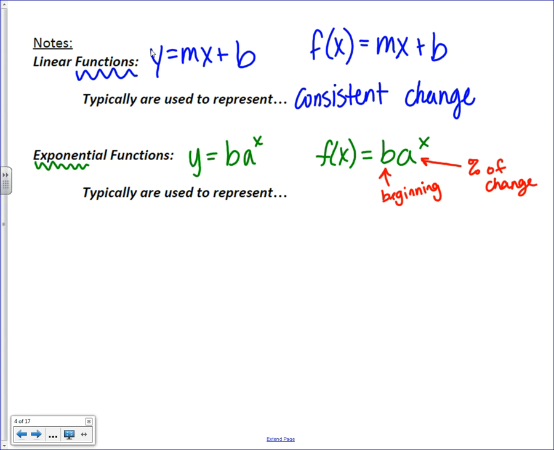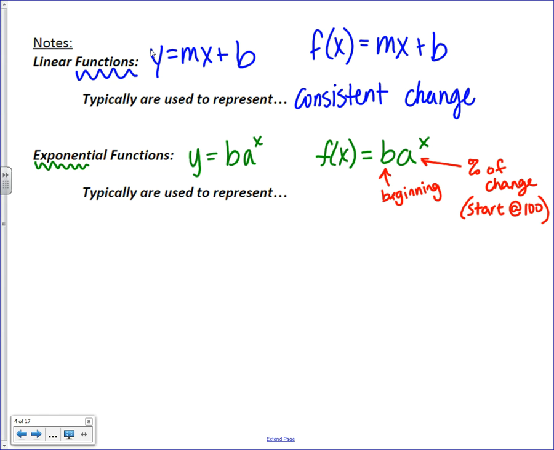Percent of change. Folks, what are percentages always out of? 100. You need to make note that you will always start at 100. That's always kind of going to be your base number is 100.